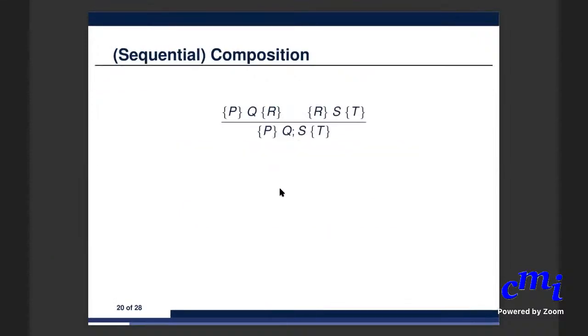Okay, so sequential composition. If you have your program constructed out of two smaller programs using the sequential composition operator, then you will have an inference rule with some preconditions.